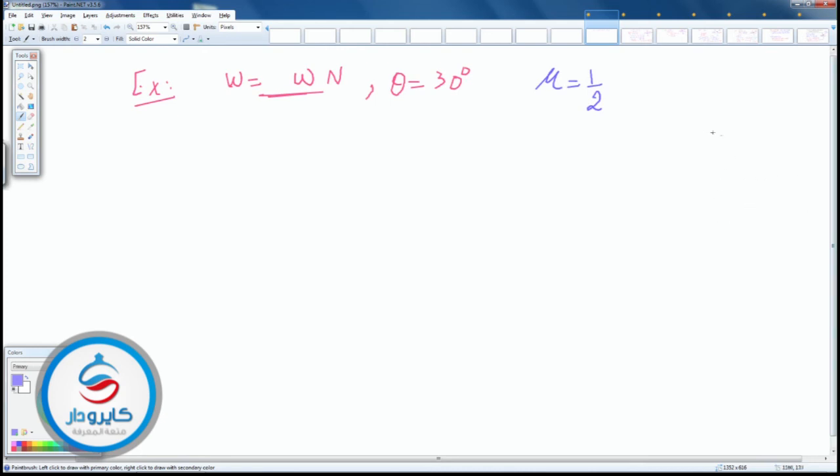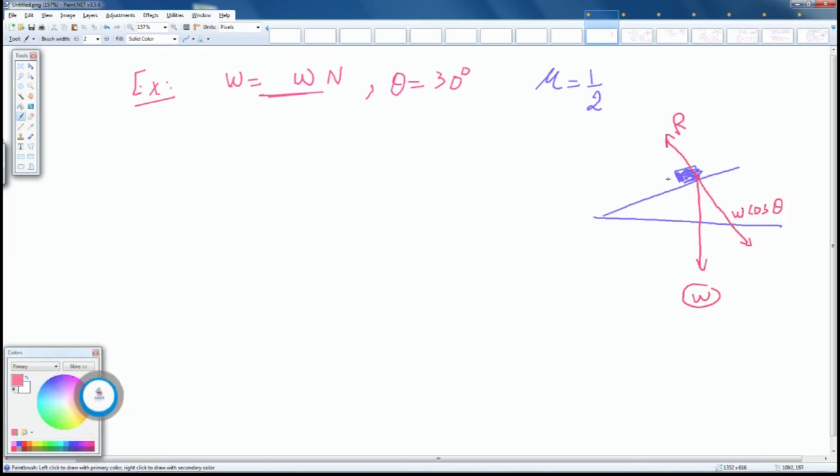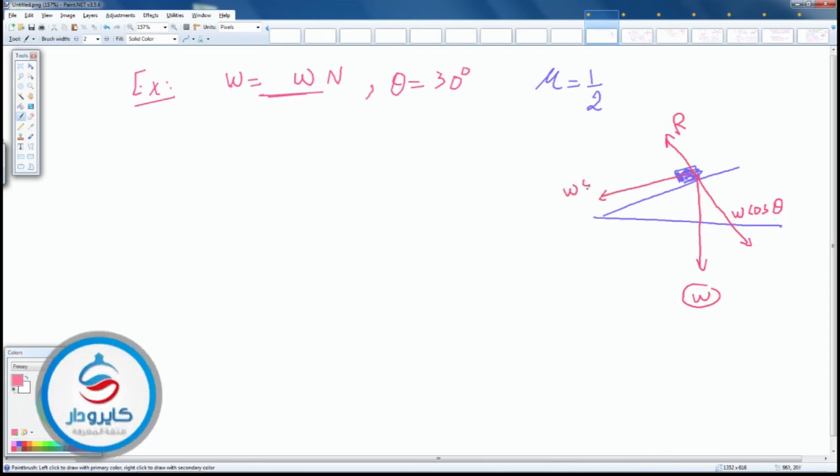First, let's draw together. I have an inclined plane, this is the body, its weight is W. This is the normal reaction, and this is W cosine theta, W sine theta, and we will act by a horizontal force.